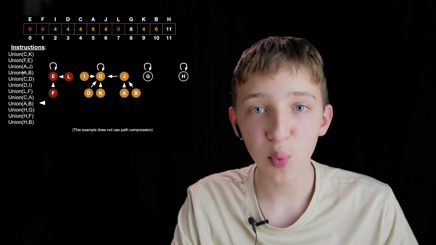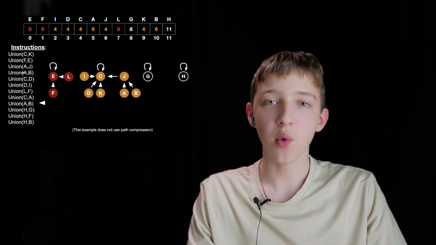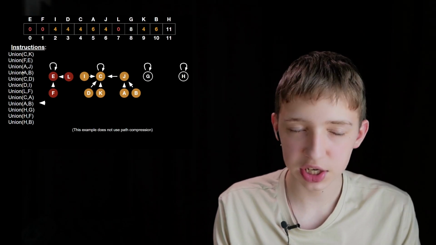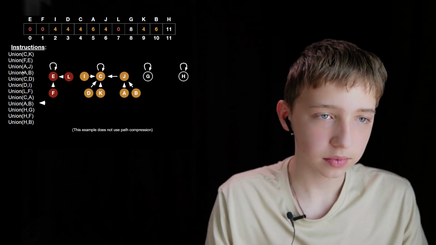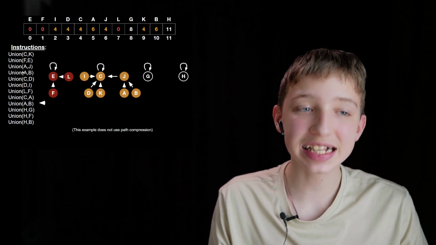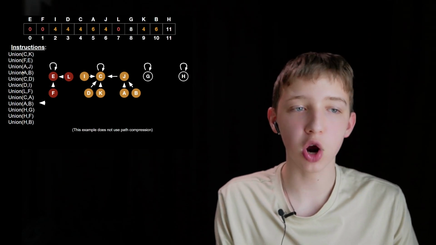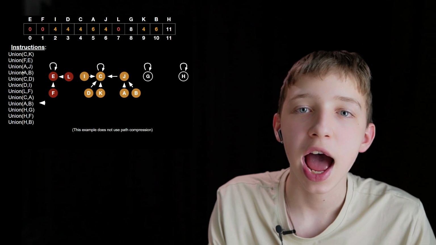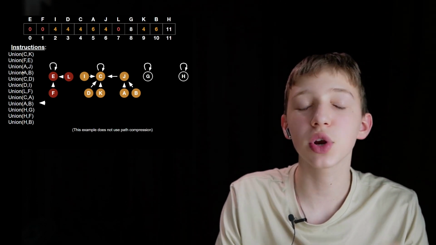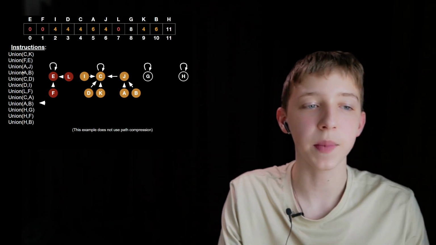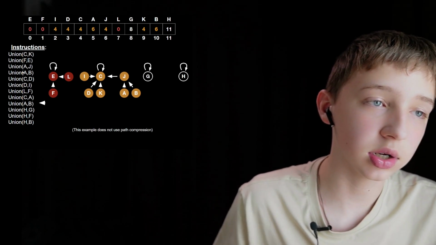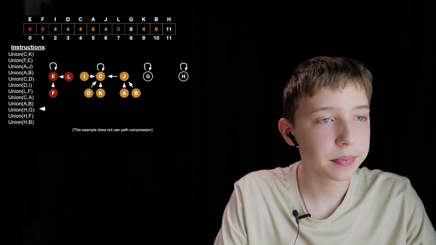In this way we understand that the root node of both A and B is C. So we discover that B's root is also C, which means they are in the same group, and we don't need to merge them, since they are already unified within the orange group.